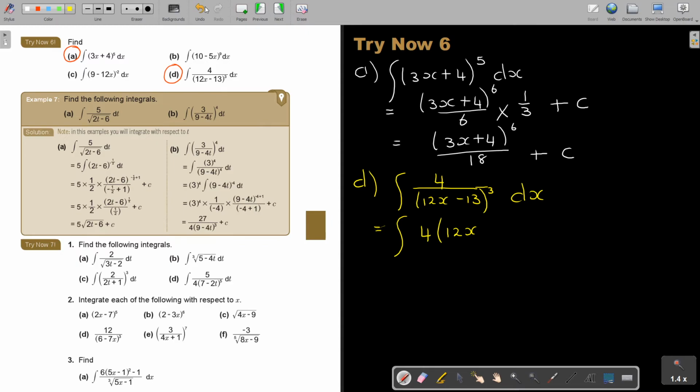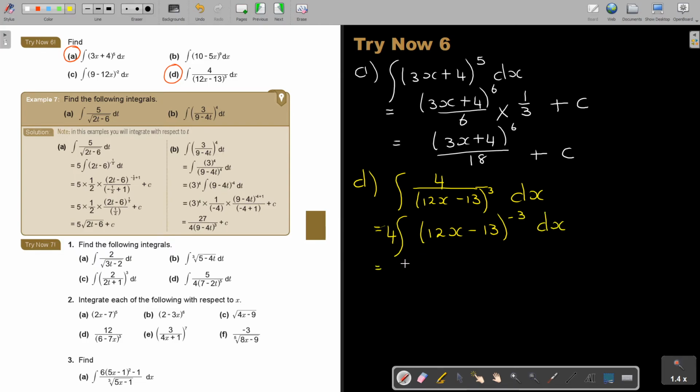Sometimes it's good to put the 4 first, though it's not necessary. If the bracket is coming up, it's 4 times (12x minus 13) to the power of -3 dx.